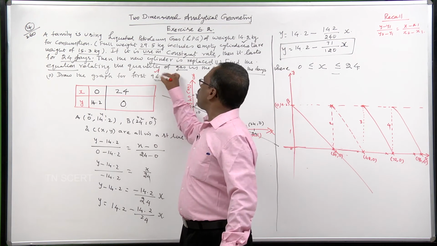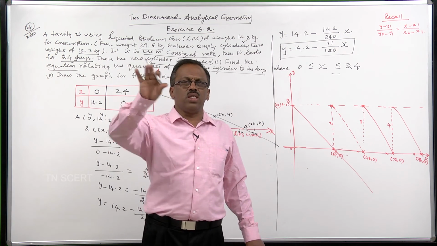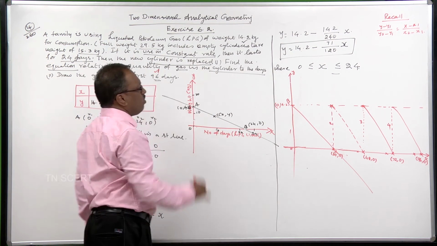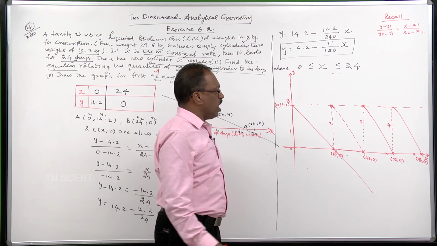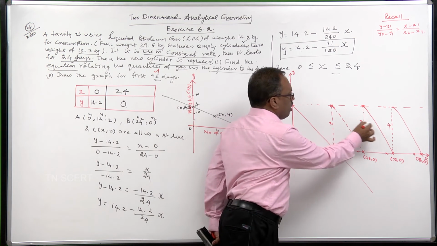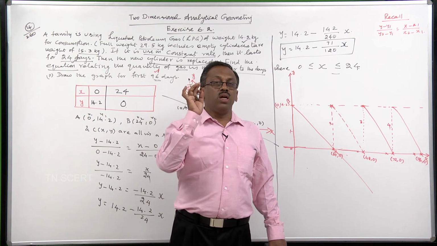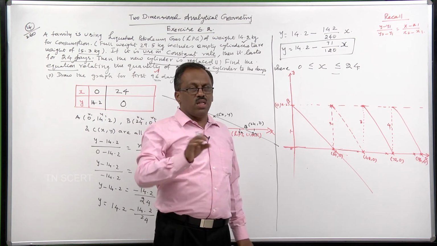So what they ask in the question is, after 96th day how many cylinders are going to be used? Draw the graph for the first 96 days. So that means 1, 2, 3, 4 cylinders are to be used by the 96th day.